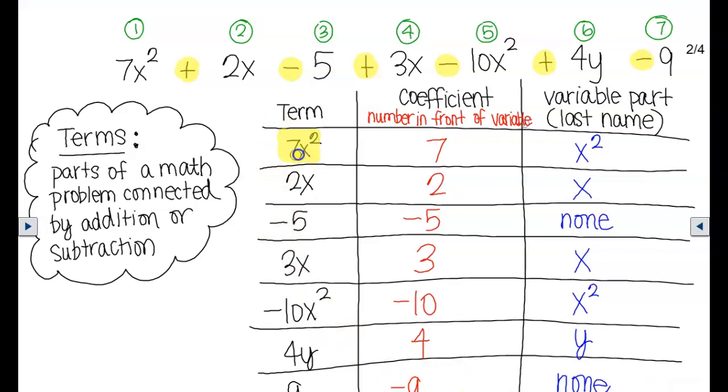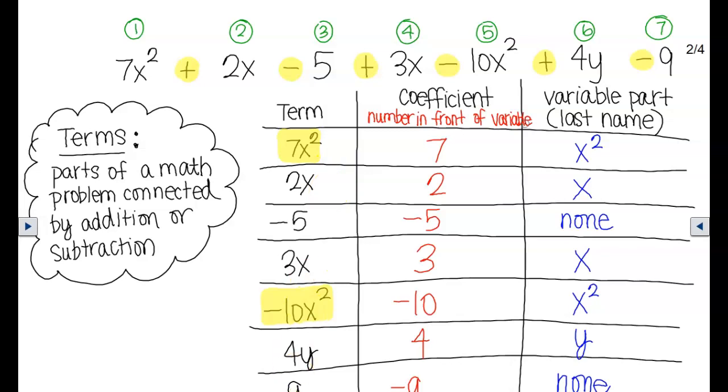Now, what did we say his last name was? The last name is the variable part, so it's x squared. So even though the second term has the same letter, it has the x, he's just x. He's not x squared. So 2x would not be a like term. A like term for 7x squared would have to have an identical last name. So it would have to have x squared. So 2x won't work, negative 5 won't work, 3x won't work. But when I get here, negative 10x squared, that is an identical last name.